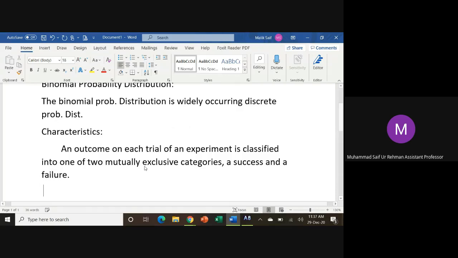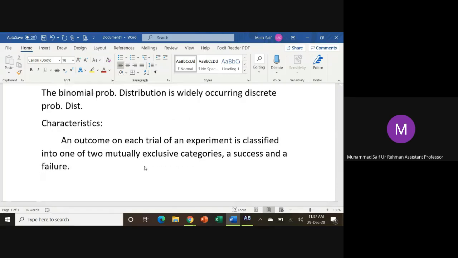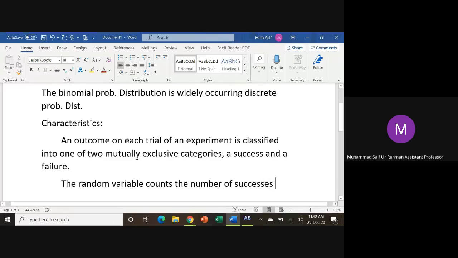The second characteristic of this is the random variable counts the number of successes in a fixed number of trials. Basically, we denote this random variable with x, and x counts the number of successes in a fixed number of trials.